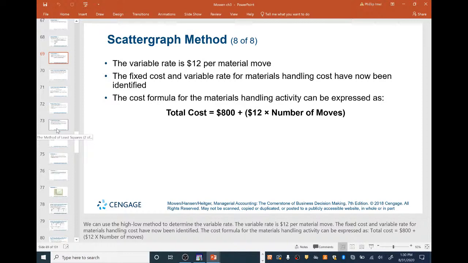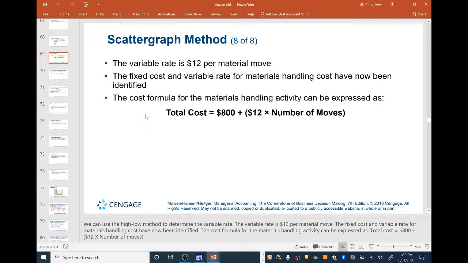Because we know the fixed cost is going to be the y-intercept, the 800. It was given. So there's our fixed cost, 800. The variable rate, we just found that is 12, right? That's the rate for materials handling costs. And then the number of moves is going to be the quantity. Same thing, right? From the other formula we were working through.